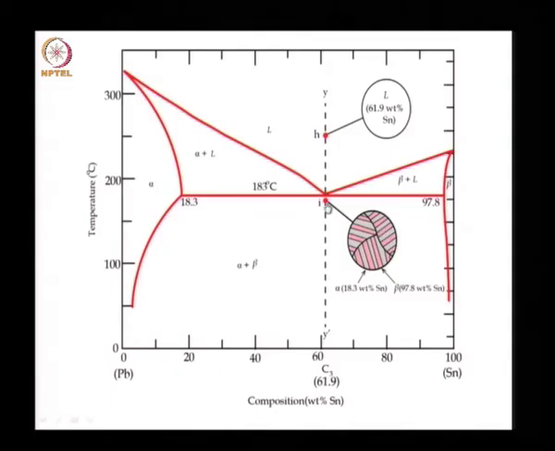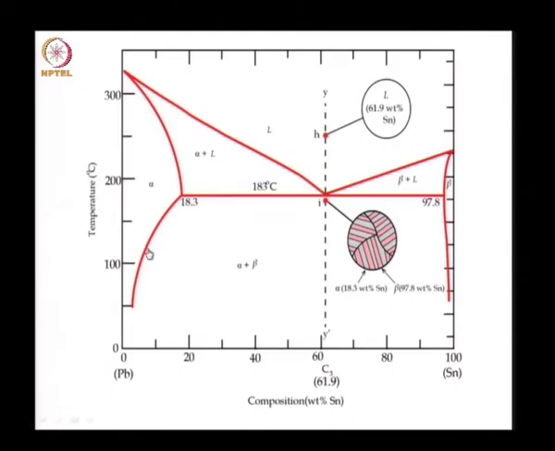And what we will also see is that as the temperature drops further, this composition will change, because if we were going to draw a tie line here, we will see that in the alpha phase there will be less tin, the alpha phase will become richer in lead. So, in the eutectic region, as the temperature drops further, we will see a change in the alpha and beta compositions.